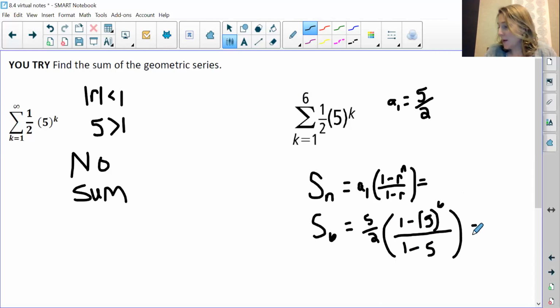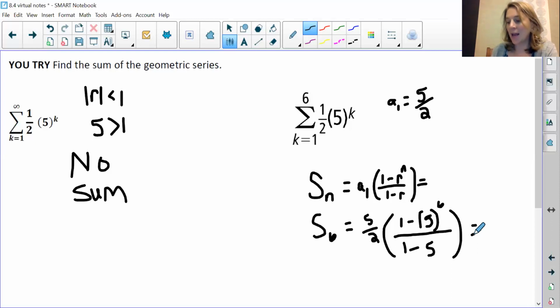And so for this one, we can actually do this sum. You have to be really careful when you're typing this into your calculator. I'll see if I can kind of show you. You take your calculator, and you need to type everything in with careful parentheses. So I might actually do 5 to the 6th, right? I don't know if you can see, that might be dark, but 5 to the 6th, 1 minus second answer, that number.